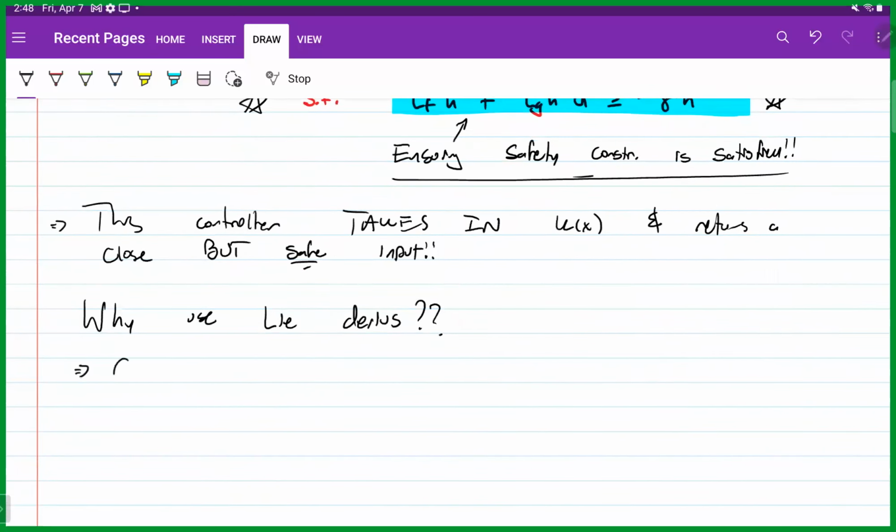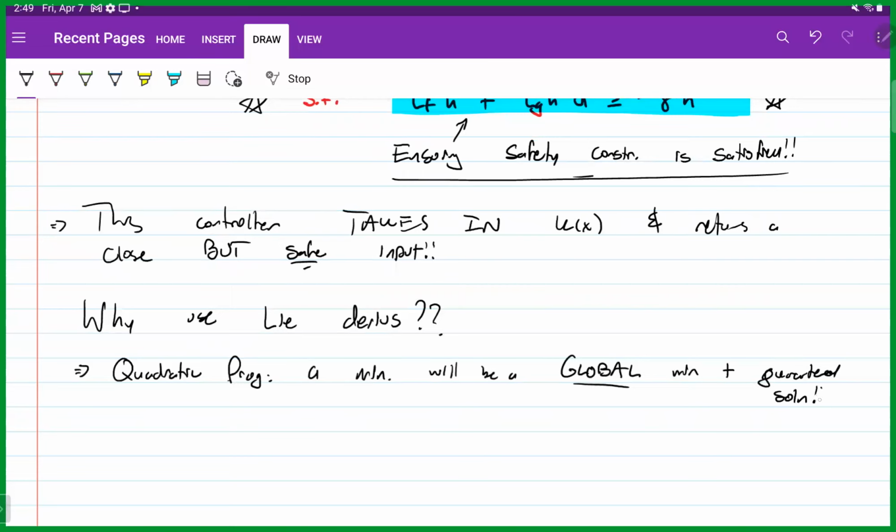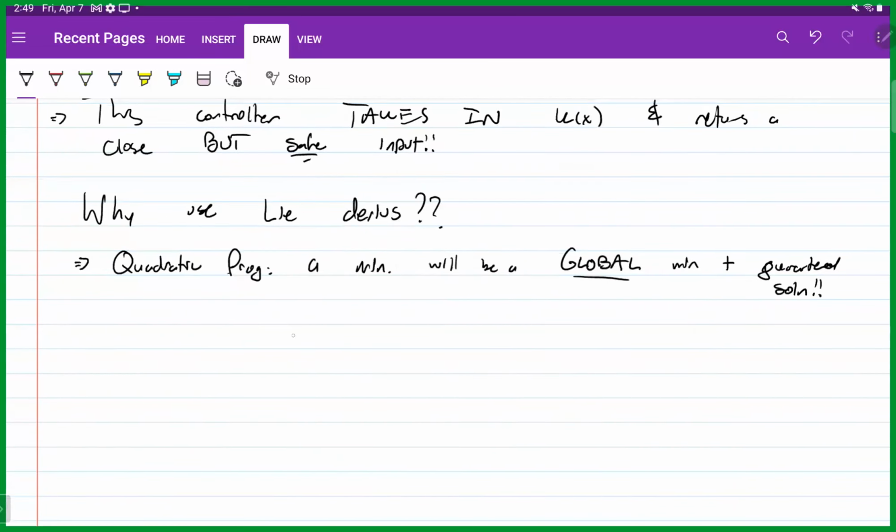So the great thing about a quadratic program is that a minimum will be a global minimum, and we have a guaranteed solution. The nice thing is that for a quadratic program to be a quadratic program, our inequality constraints must be affine in our optimization variable.